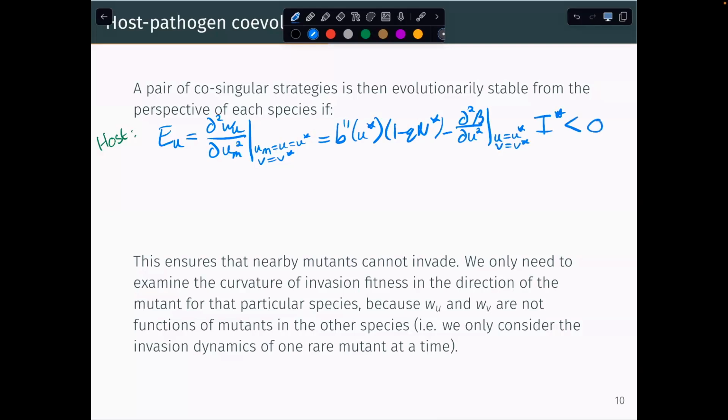And this has to be negative. So exactly the same logic that we've had in one dimension. We need to be at a fitness maximum. This is telling us that nearby mutants can't invade. If this is negative, then we must be at a fitness maximum from the perspective of our host.